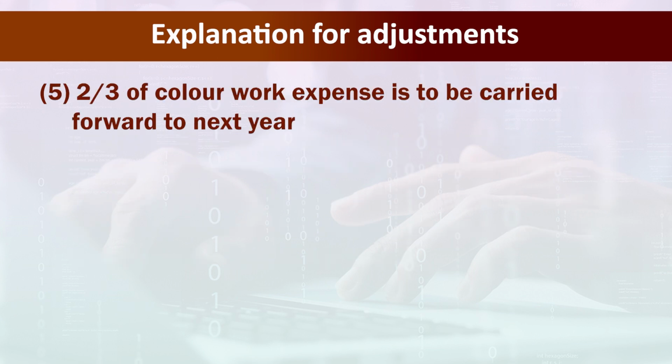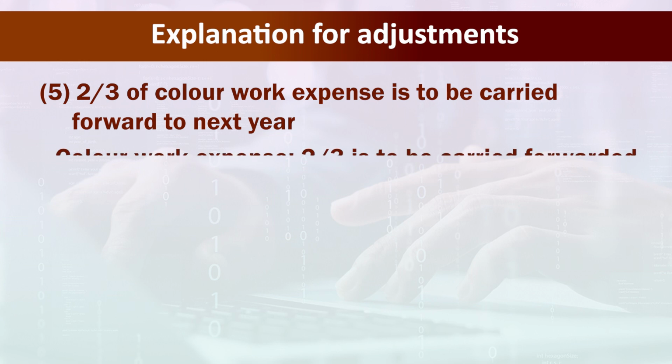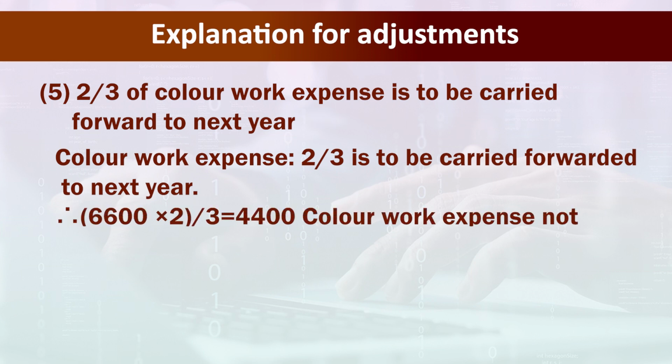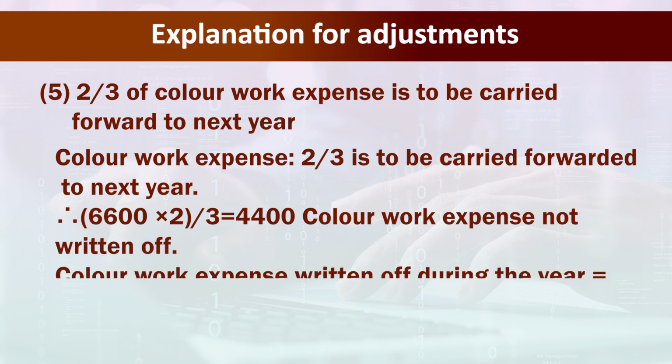5. 2/3 of color expenses is to be carried forward to the next year. The color expenses of which 2/3 is to be carried forward to next year is calculated as 6,600 into 2 by 3, which amounts to rupees 4,400.